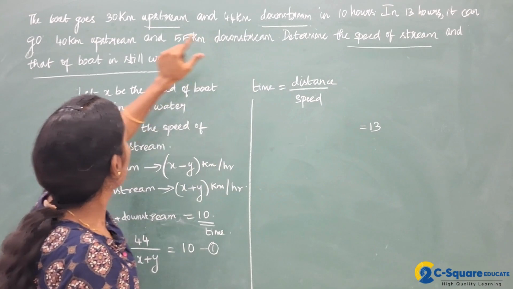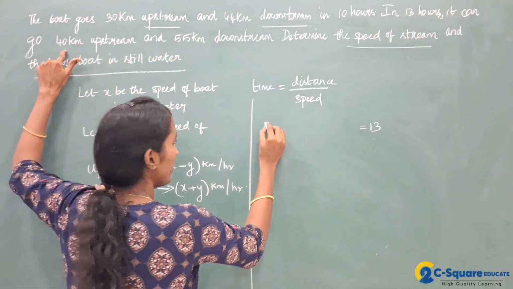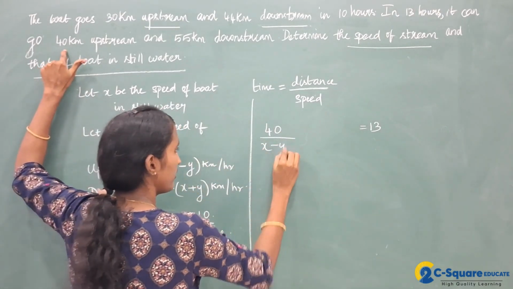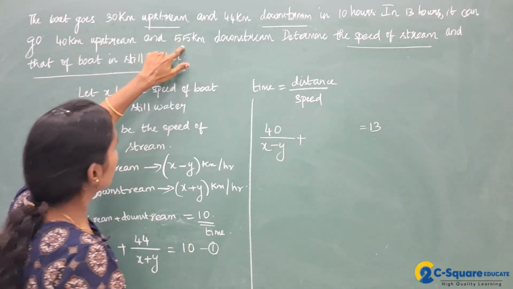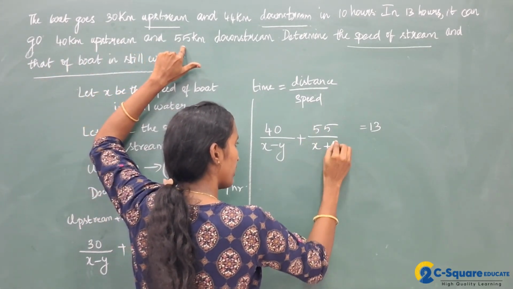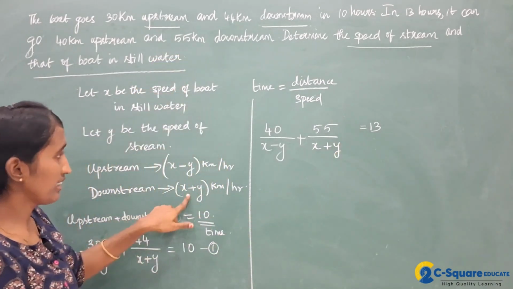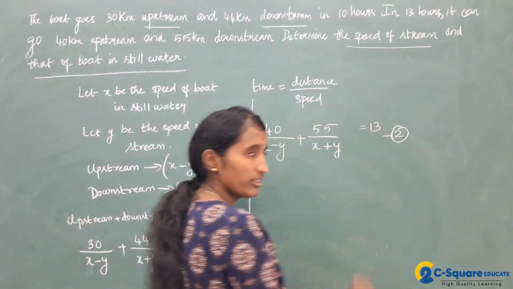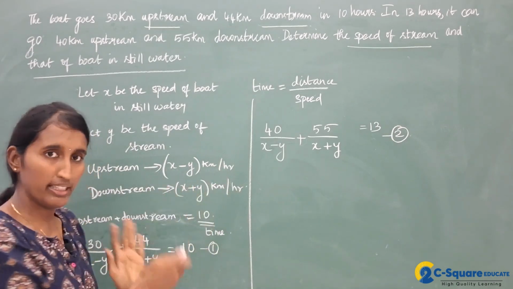Upstream distance 40 divided by x minus y, plus downstream distance 55 divided by x plus y, equals 13. Now this is the second equation. We have got both the equations.